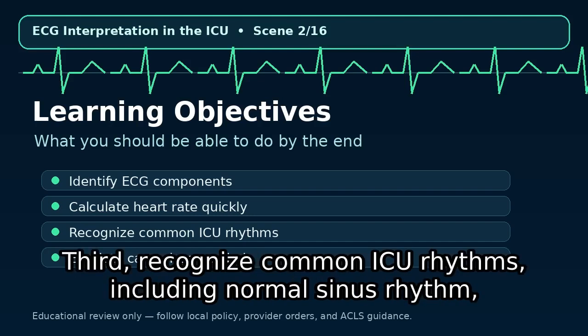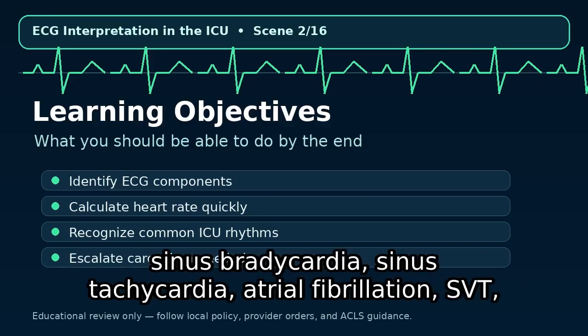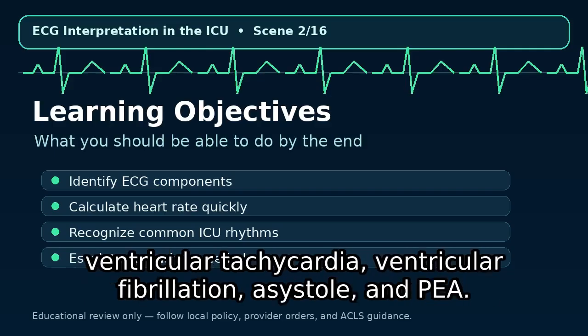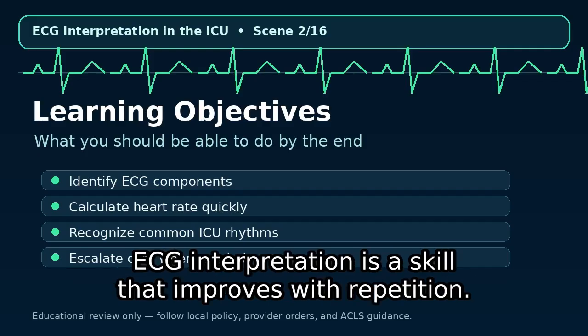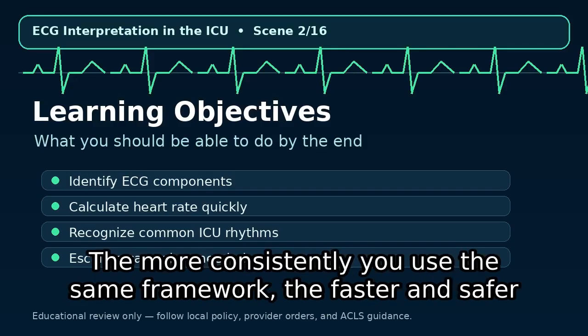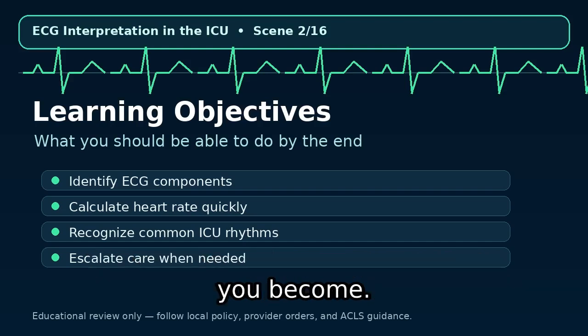Third, recognize common ICU rhythms, including normal sinus rhythm, sinus bradycardia, sinus tachycardia, atrial fibrillation, SVT, ventricular tachycardia, ventricular fibrillation, asystole, and PEA. And fourth, recognize when a rhythm needs immediate escalation. ECG interpretation is a skill that improves with repetition. The more consistently you use the same framework, the faster and safer you become.